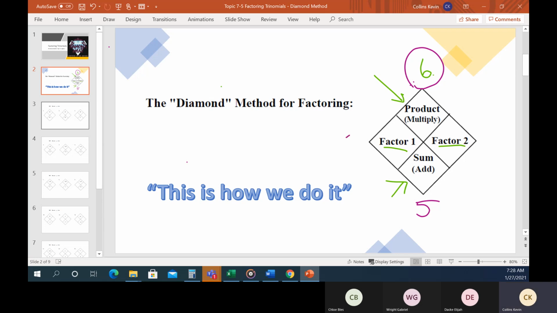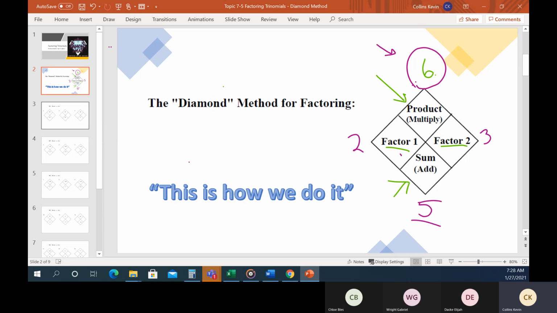Yeah. So 2 and 3. Okay. So the top number tells you how many different choices you have. In this case, we had 2 different choices, and the bottom number narrows it down for you.